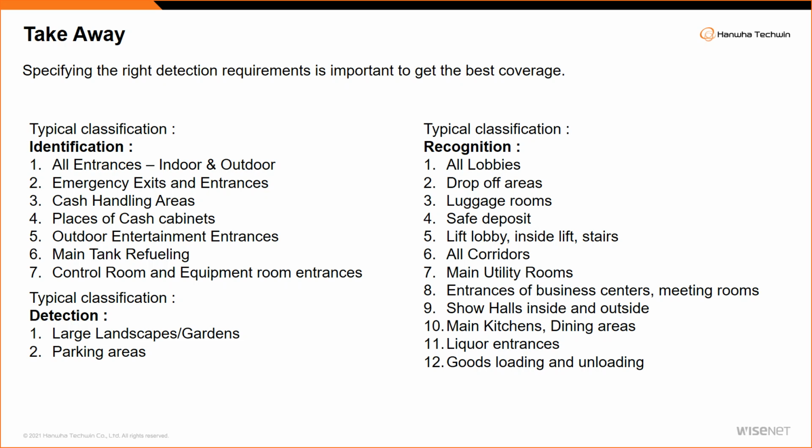However, the exception to recognition is very large areas, large gardens, large parking areas, public surveillance. In those locations you need to let go of recognition a bit. You can use a PTZ camera for general detection, and if something happens, you can zoom in and find out what's going on. So this is what you can look at as a detection parameter.